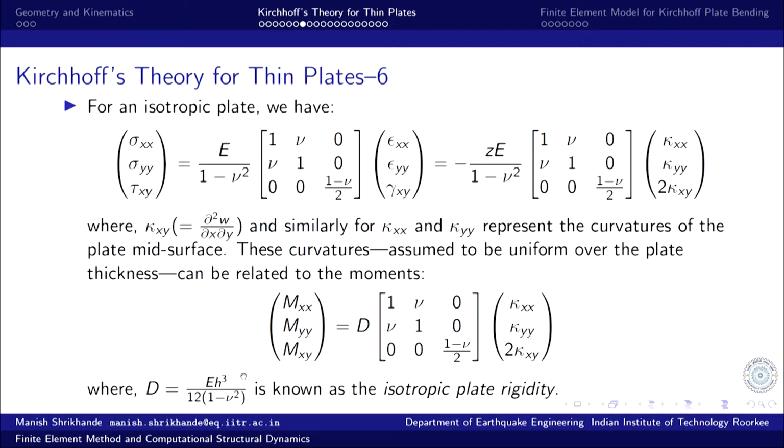So, again you see, similar to what we have in the case of beam flexural rigidity, the depth appears as a third power. So, here also the thickness h appears in the third power.